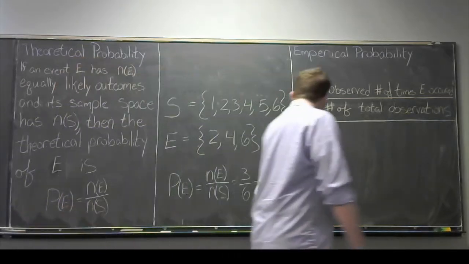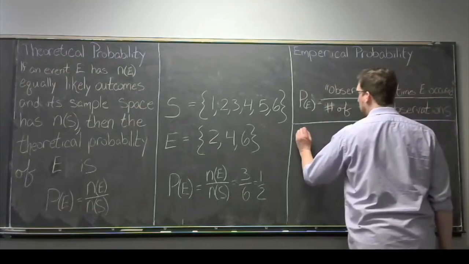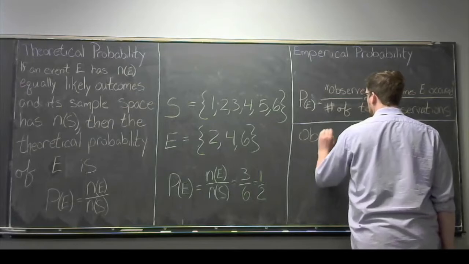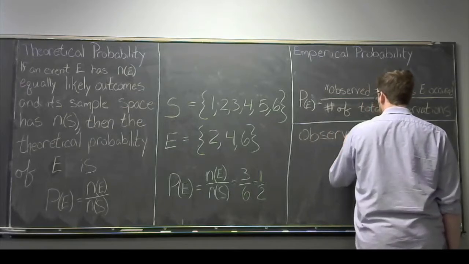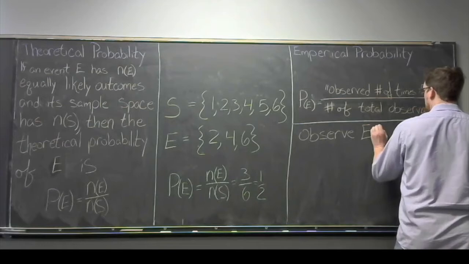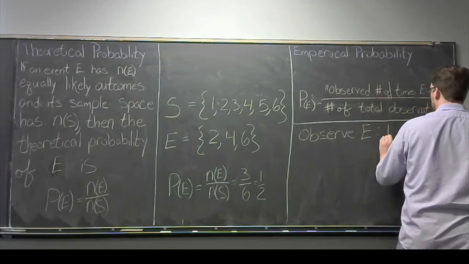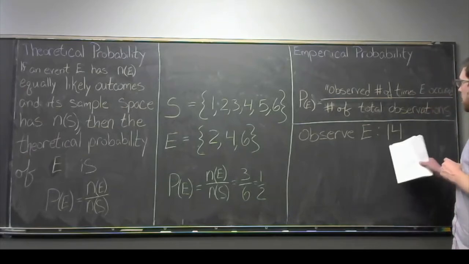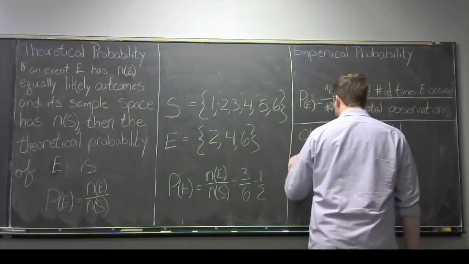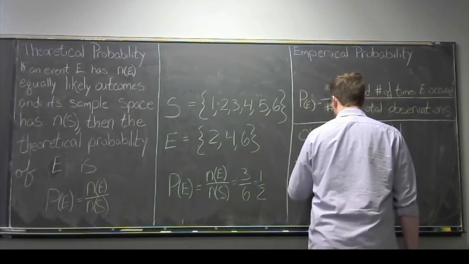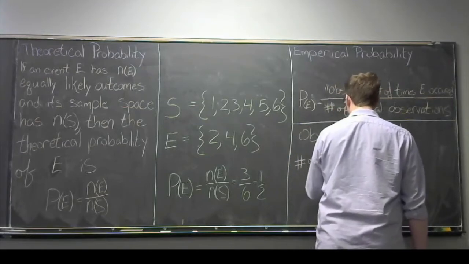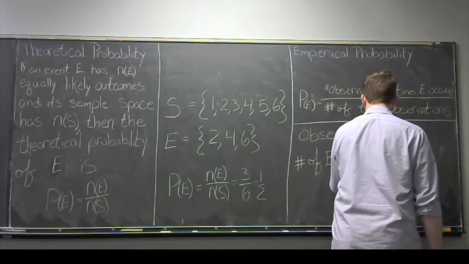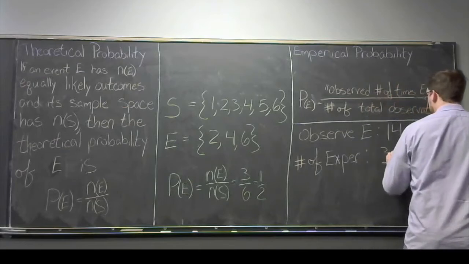But let's say we run an experiment and we observe E occurring 14 times. But the total number of observations or experiments that we run is, let's say, 34.